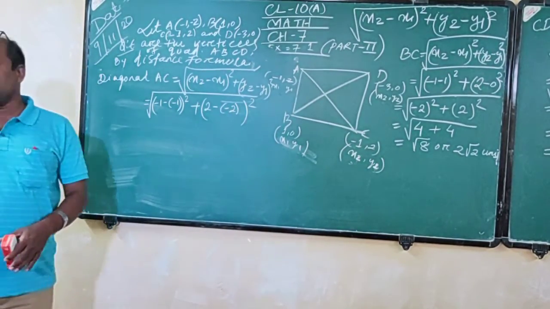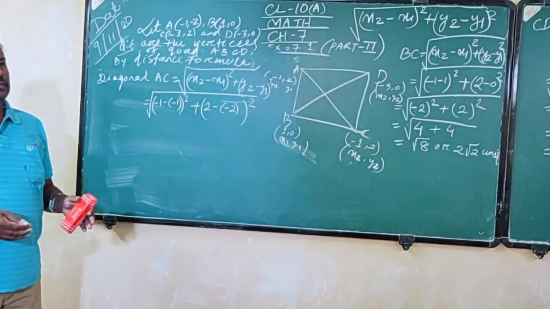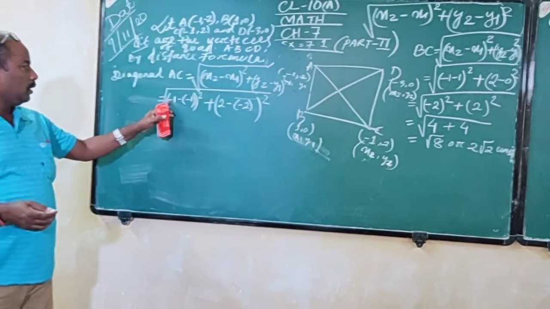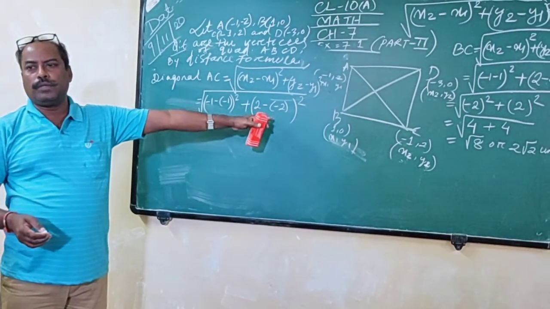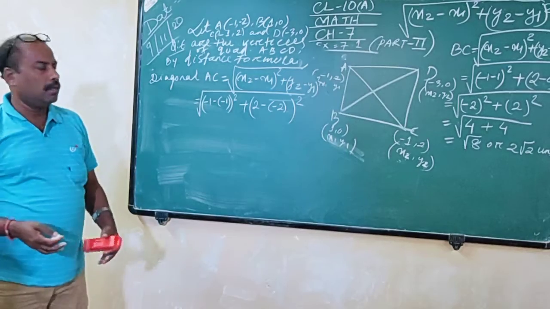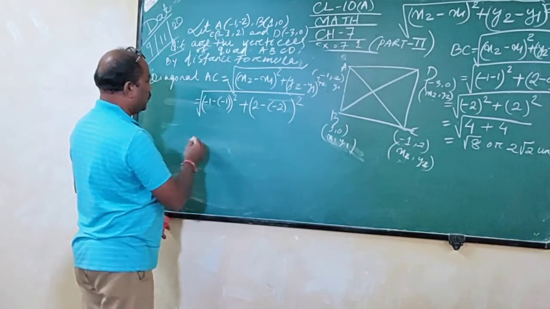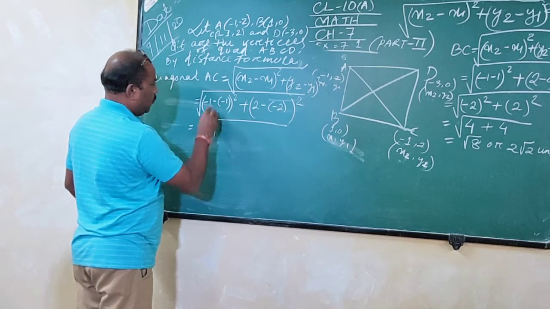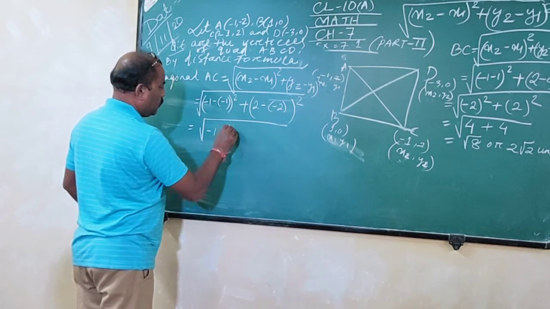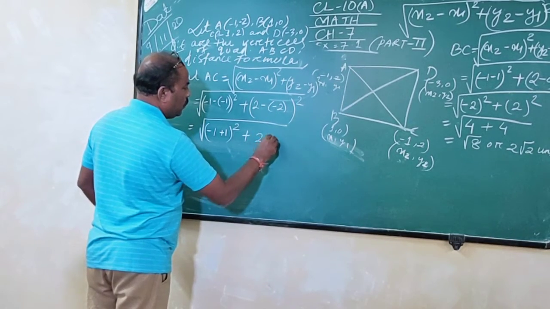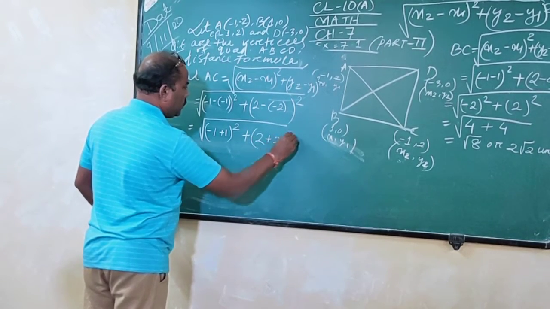Sometimes by mistake or for some reason you may put the wrong sign, and then the whole solution will be wrong. So you have to put these values very carefully. Under root: minus 1 minus of minus 1, that is plus 1, whole square, plus 2 minus of minus 2, that is plus 2, whole square.